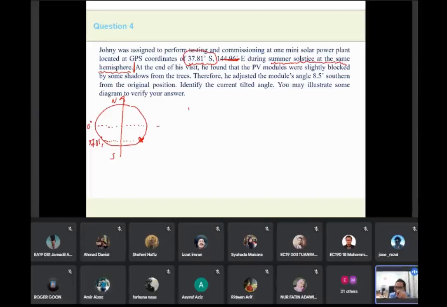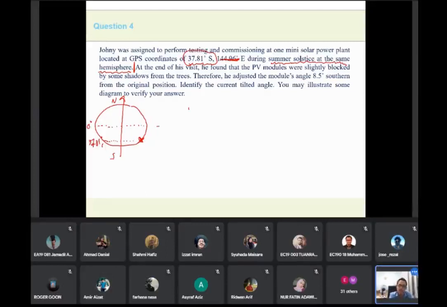Tadi Ahmad Daniel kata sebab the location of the Johnny tu is in the south, 37.81 south. Dia kata macam tu je lah. Lepas tu dia tak tambah yang belakang. Kau selesaikan ayat tu? Oh betul lah tu. Saya tak tahu, tapi saya tahu dia sama. Dia sama solstice at the same hemisphere.